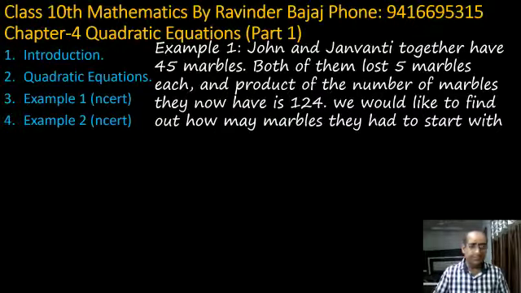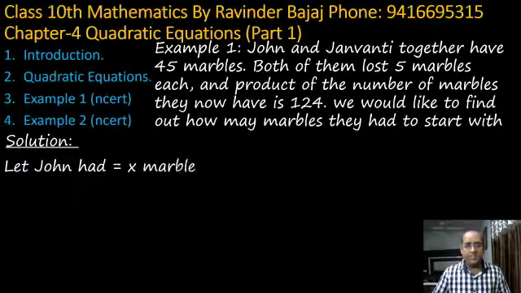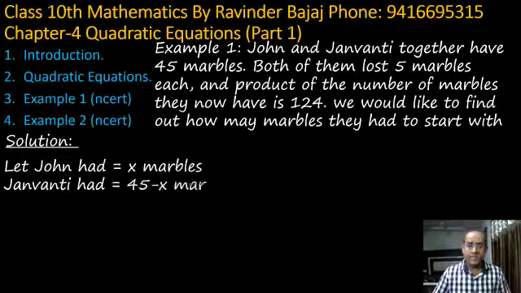So let's see the solution. Let John have x marbles in the beginning and Jivanti have 45 minus x marbles. Means in total, both of them have 45 marbles. So if John has x, then obviously Jivanti has 45 minus x marbles, because in total they have 45.